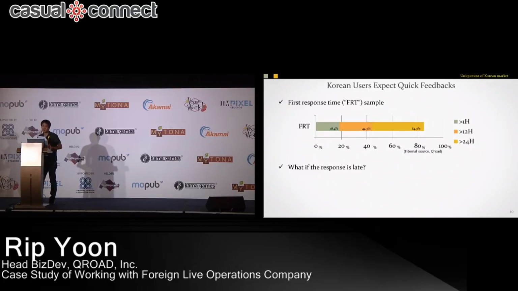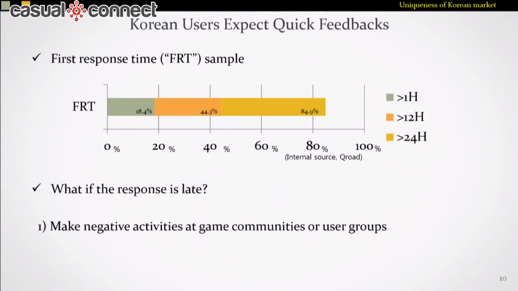And we are not satisfied too, because if the response is late, then they just go to the community and make negative activity, like the developer doesn't care about users, they are stealing our money. The worst thing is that they just leave the game and go to the other game, because they think that they are not seriously cared for by the developer.